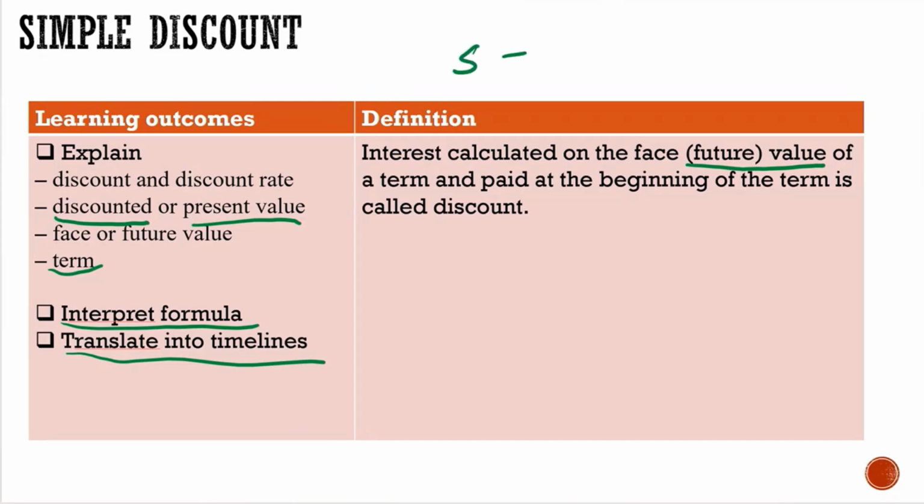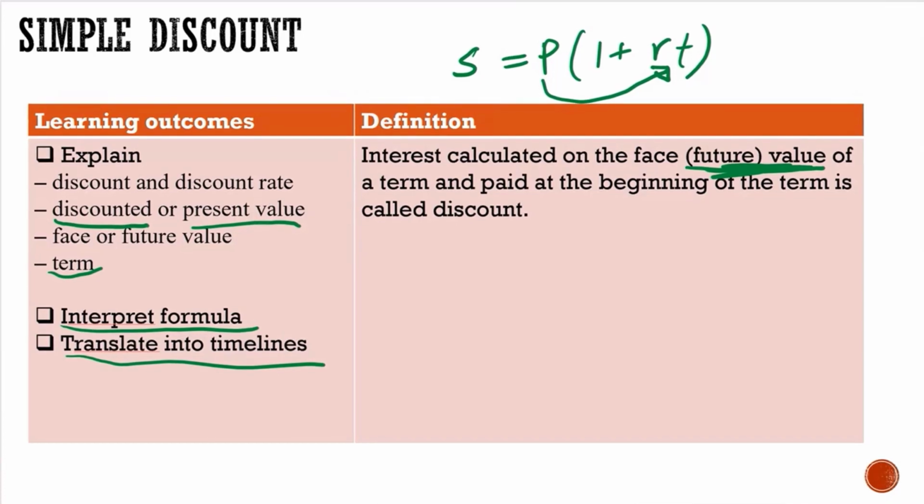Remember, with simple interest, the rate is calculated on the present value. Here, the interest is calculated on the future value. Let us look at the formula so then we can see the difference between these.